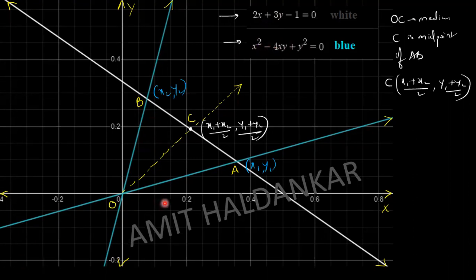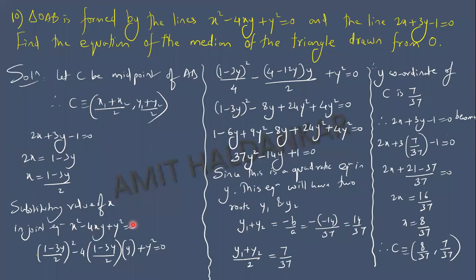And then we get the sum of the roots. Also the product of roots we can get, but we require only the sum of the roots. Since these are roots, I can get y1 plus y2 upon 2. So I divide here by 2. I'll get 7 by 37.